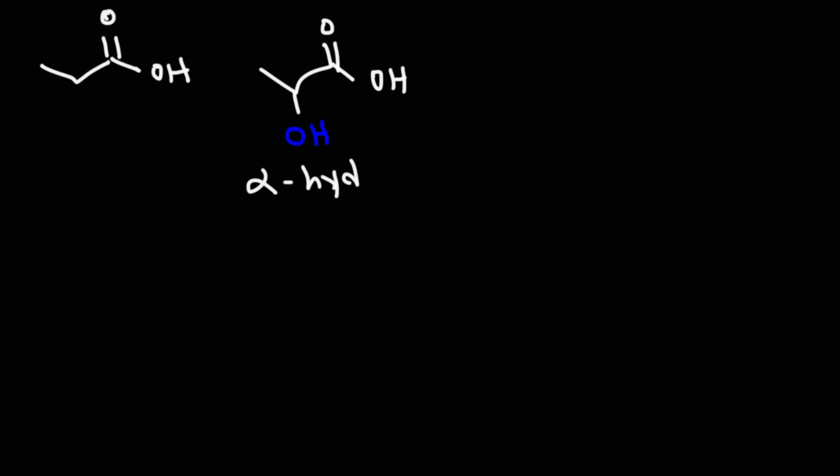Now let's go back to carboxylic acids. So that's propanoic acid. If we add a hydroxyl group to this carbon, what do you think this is going to be called? So this becomes an alpha hydroxy acid. Here we have butanoic acid.